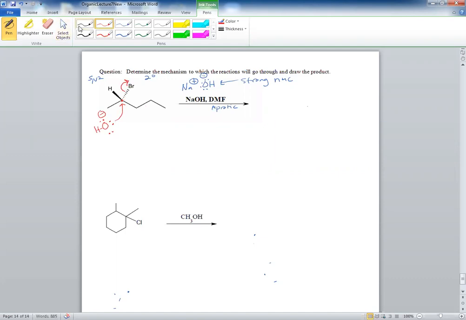And now all you have to do is draw the opposite configuration. The way to do that is to switch. The new group is the OH, so we're going to give this the solid wedge. And then H will now be in the back because again, it did an inversion of configuration.